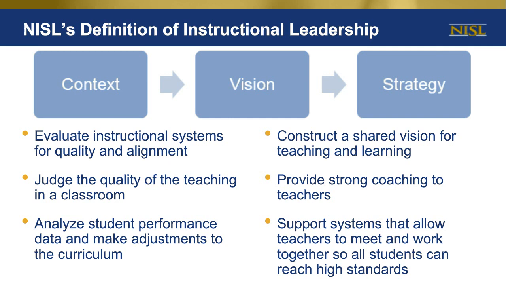Many of our participants, as they look at this definition and do a self-analysis of their own strengths, might find one of those areas of instructional leadership to be an area they would target for growth, while they may look at another area and say, yeah, I feel pretty strongly about that, and here's my evidence for why I feel strongly related to it. Next slide, please.